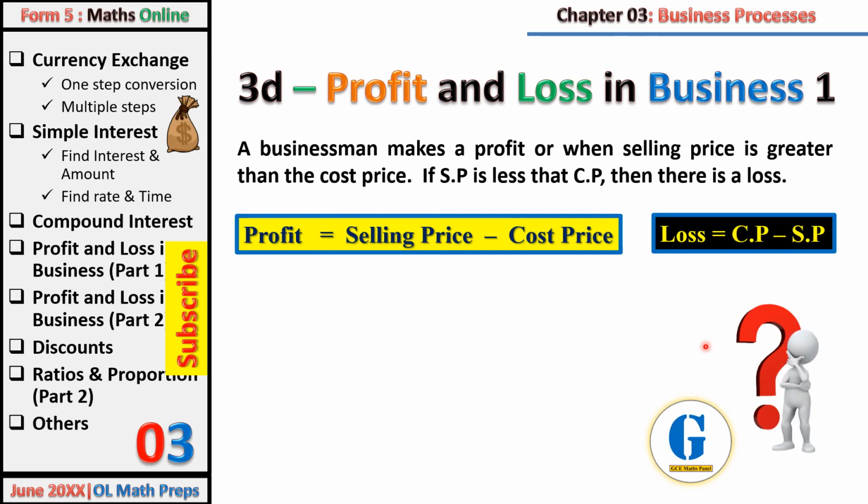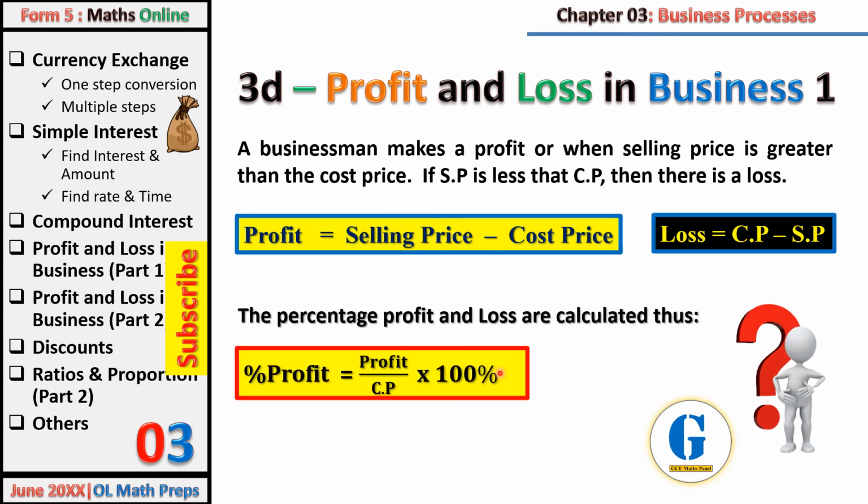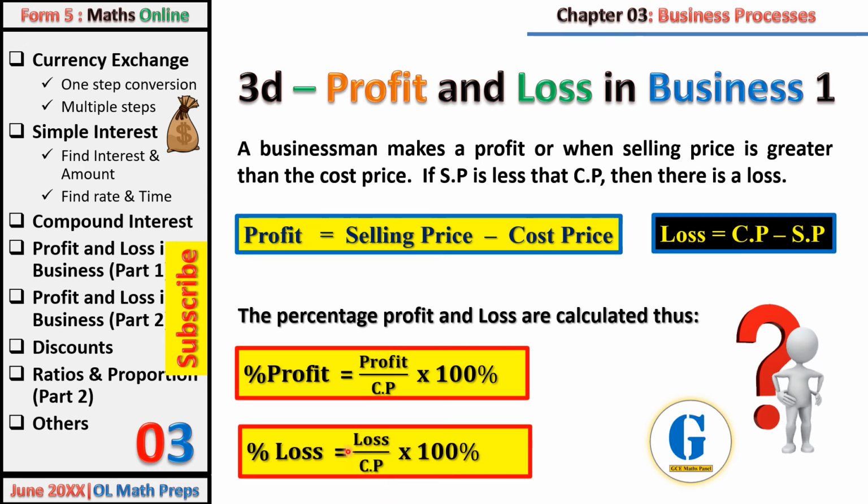So you have a loss when you sell at a smaller price compared to what you bought the item for. The percentage profit and loss are calculated as follows. For percentage profit or percentage gain, we have the profit over the cost price, always over the cost price, times 100% over 1. And for the loss, it is the same procedure, loss over cost price times 100% over 1.